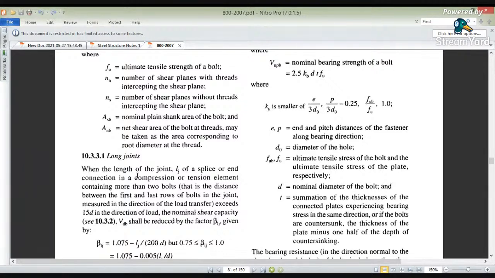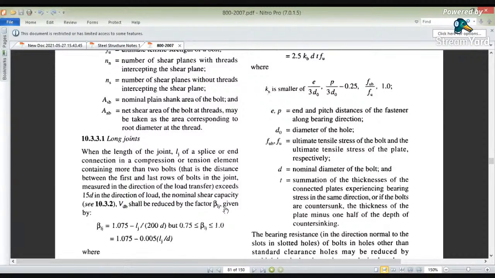When the length of the joint Lj of a splice or end connection in a compression or tension element connecting more than two bolts, that is the distance between the first and last row of bolts in the joint measured in the direction of load transfer, exceeds 15d, the nominal shear capacity Vdsb, given in clause 10.3.2, shall be reduced by the factor beta Lj.